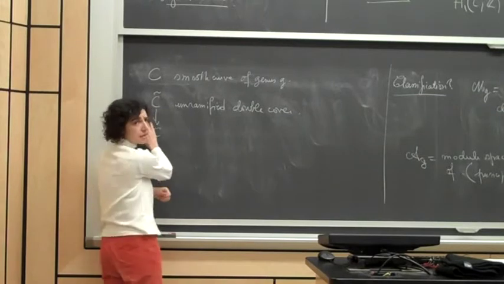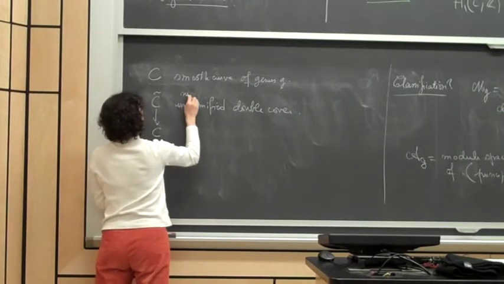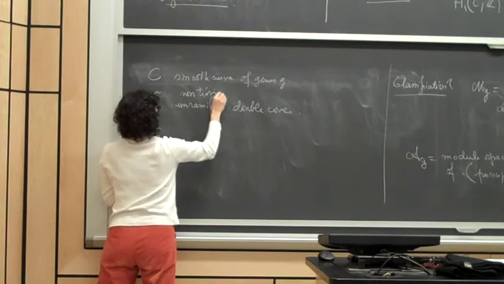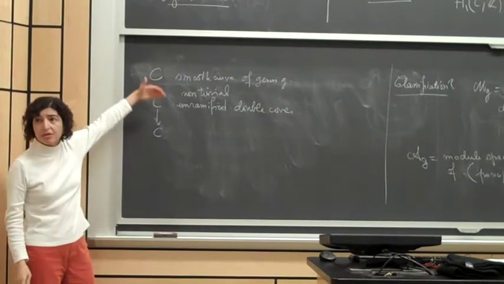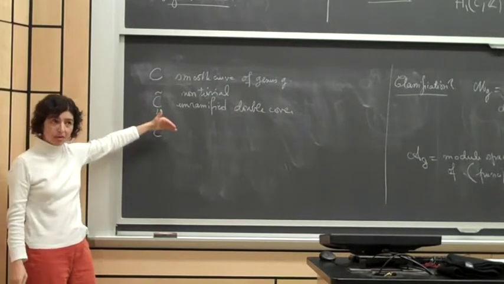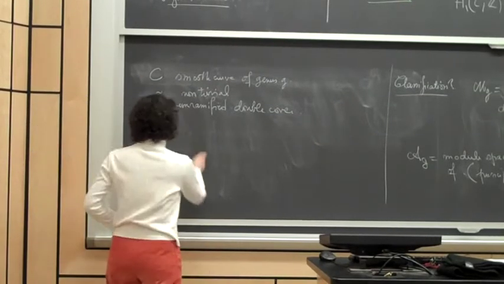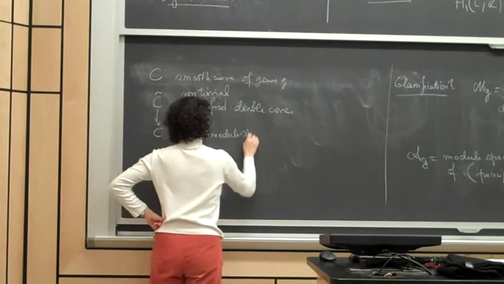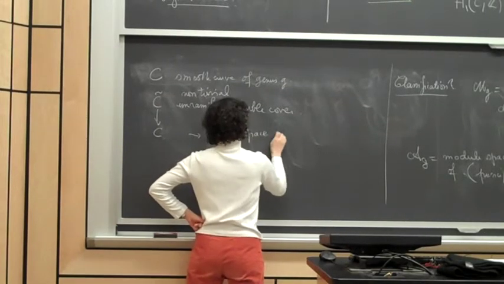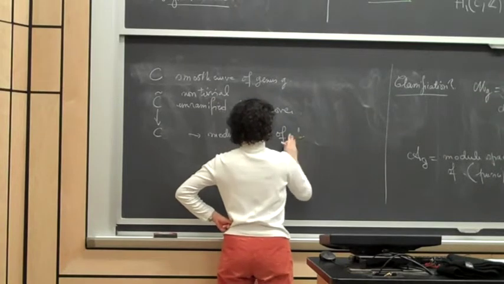I don't want this to be trivial. So if you fix the C, there exists a finite number of unramified double covers of C. So this will give you a moduli space, just as in the case of curves, of such double covers.